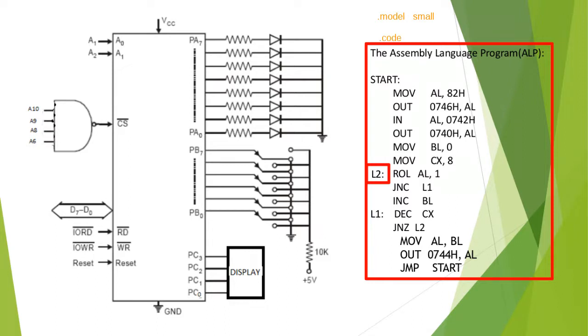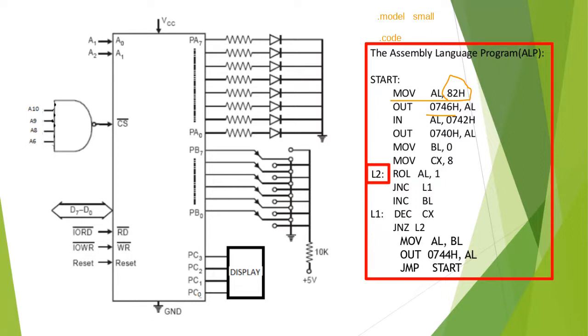And so then we start: move AL comma control word. Control word is 82 or 8A, so anyone. And then out control register address. You know the control register address 0746, we already determined. Out control register address comma AL, that means the control word is sent to the control register.